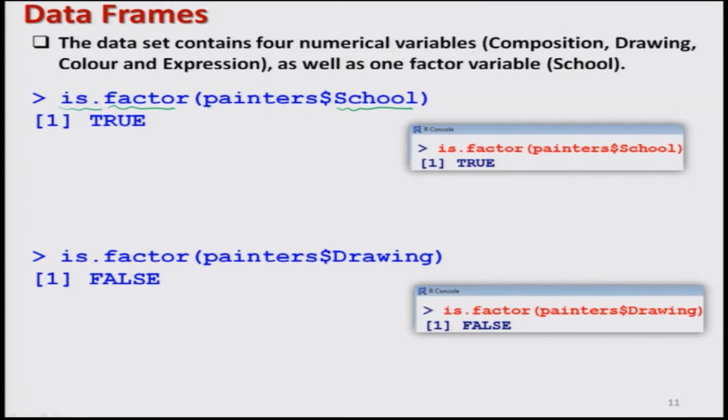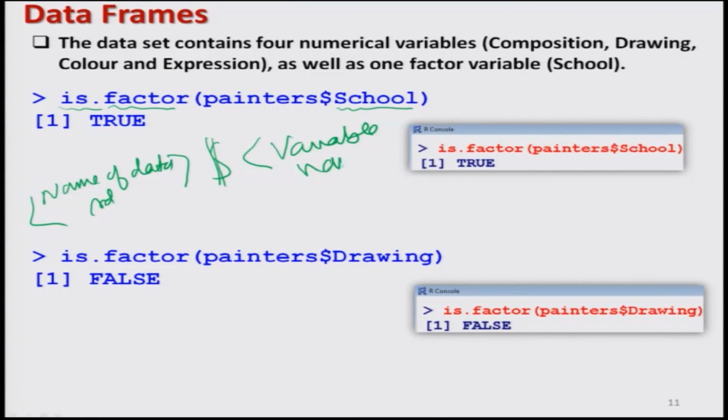That is what you have to remember. I write the name of the data set, then a dollar sign, and then the variable name. That is what you have to always keep in mind to fetch a particular variable. And the answer comes out to be TRUE. Yes, the school is A, B, C, D, E, F, so that is a factor.